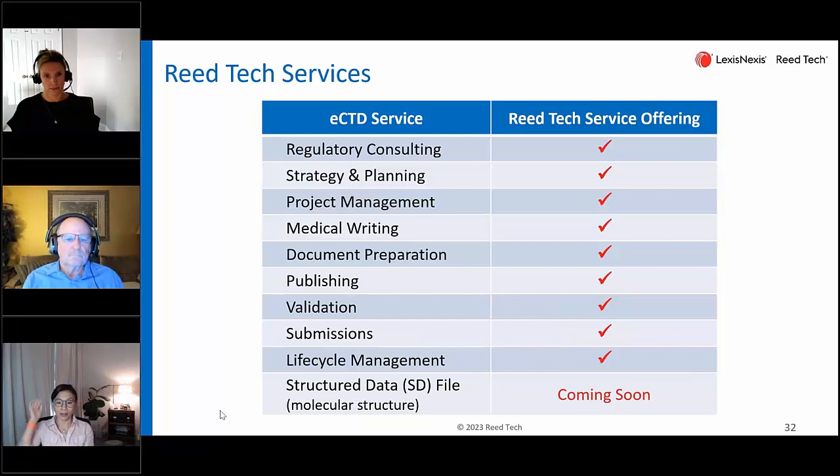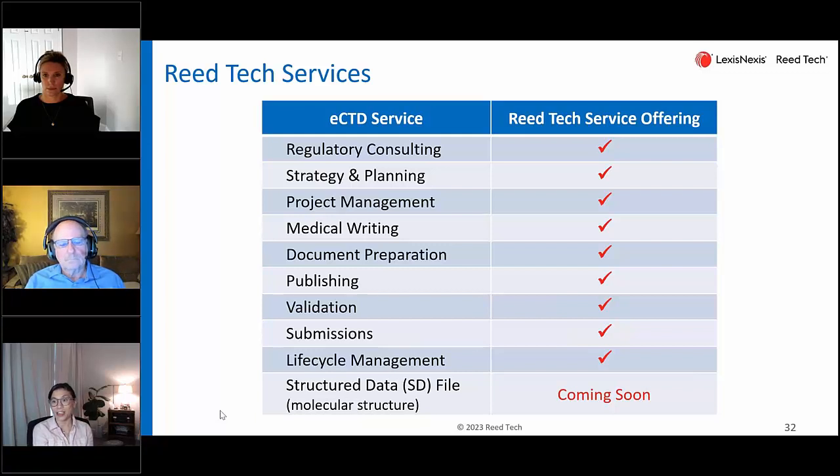And then I don't know if everyone has been keeping up to date with the technical conformance guidelines, but you saw that the FDA released a guideline in November of 2022 in Module 3 that any chemical molecular structure will now be highly recommended to be submitted in structured data file format.